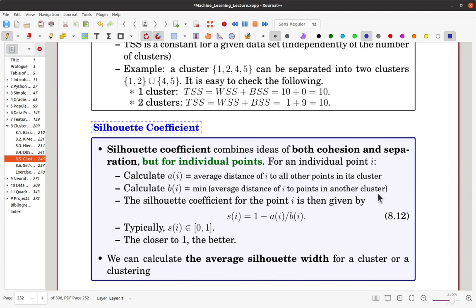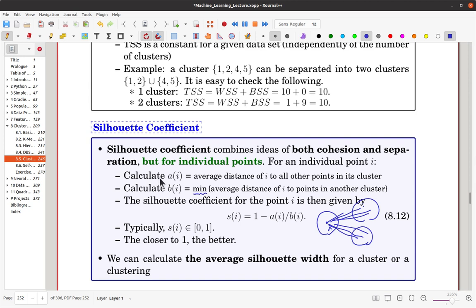For example, if we have 3 clusters and the ith point is here, then b_i starts from the average distance to the points in another cluster over there. Again, the average distance is computed for the other cluster, and among them, the smaller one will be chosen for b_i.